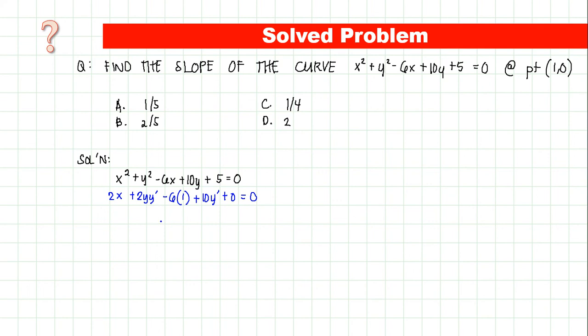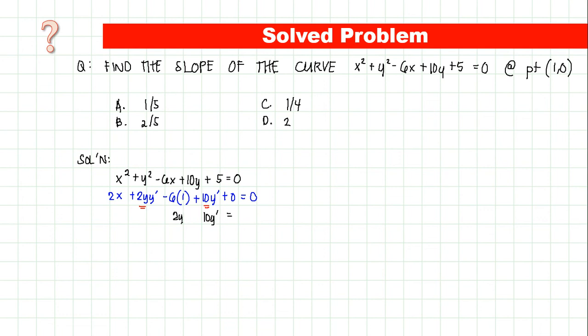So, ngayon, ang gagawin natin, yung lahat ng terms na merong y prime, dyan lang yan sa left side. Yung lahat ng terms na walang y prime ay mapupunta sa right side. Okay? So, that will become something like this. We have 10y prime dito.